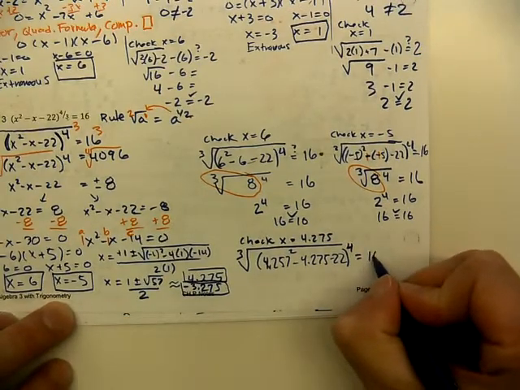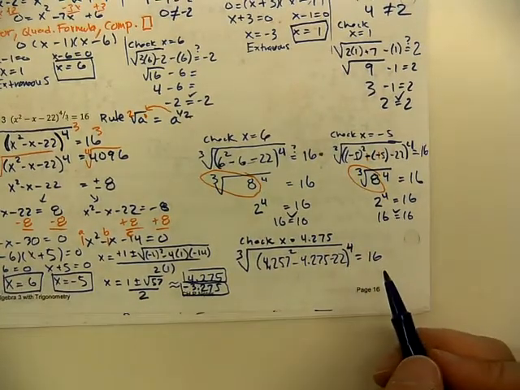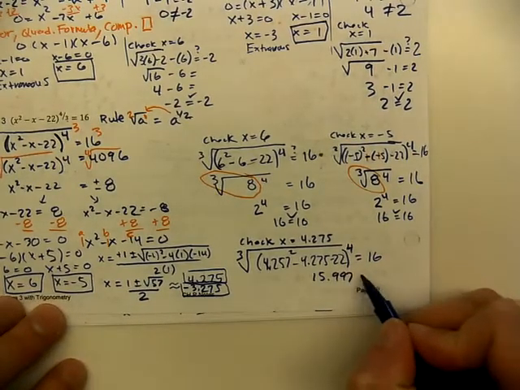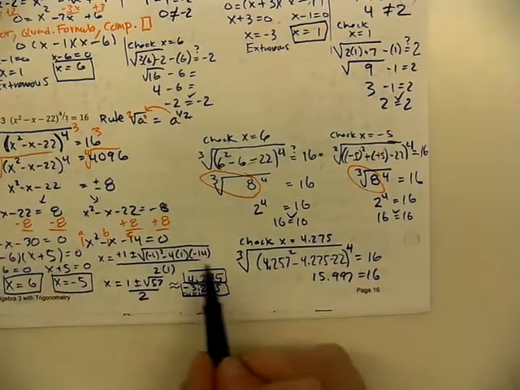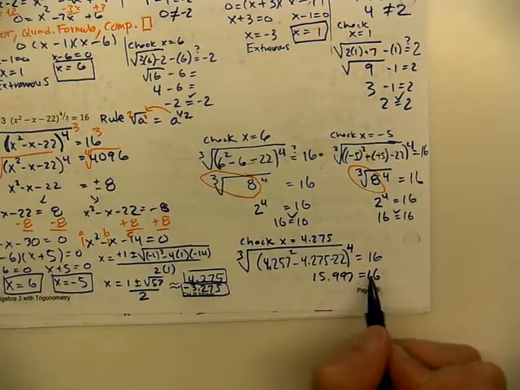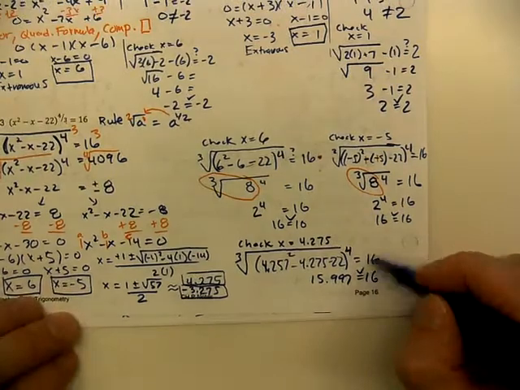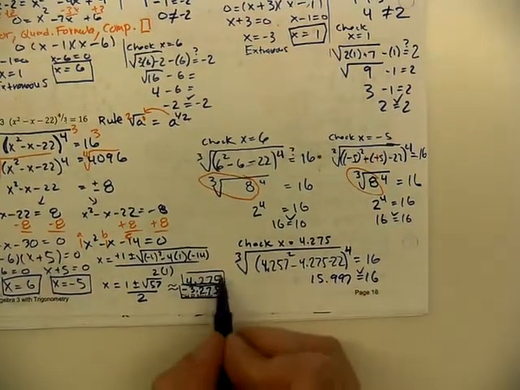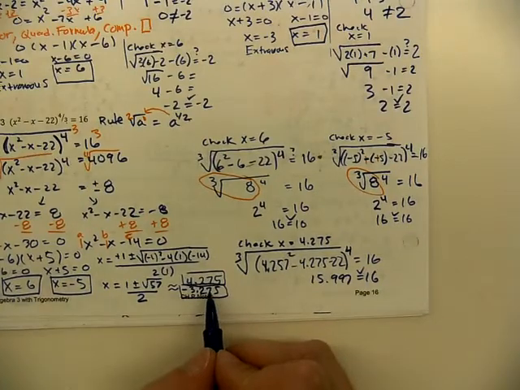We want to know, will that equal 16? When we type this in, you end up getting something like 15.997. Because we rounded to 3 decimal places, it's fairly accurate. While it looks technically different, it is a valid answer because we're going to round up to 16. We did that because of our decimal approximation.